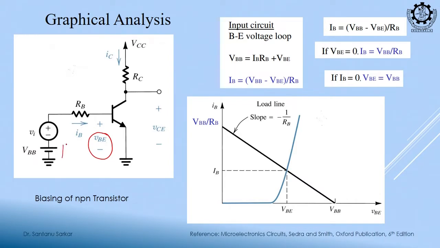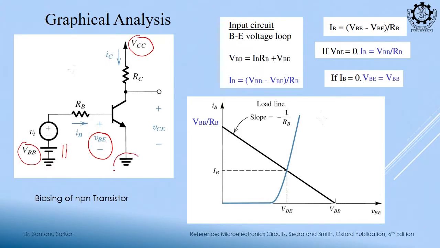So first we will provide a DC voltage at the base. Next we will provide a DC voltage at the collector, and by default this is the source or supply voltage VCC, clear.